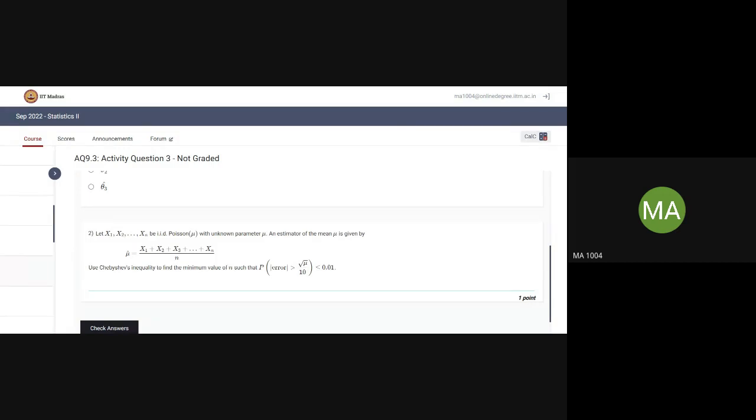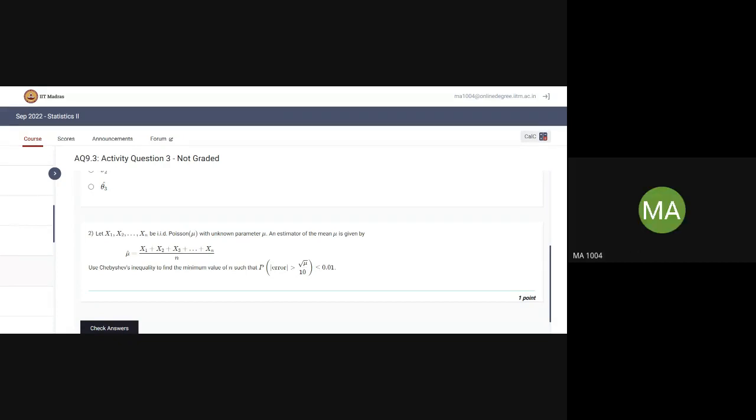And you have to use Chebyshev's inequality to find the minimum value of n such that the probability that mod of error greater than root mu upon 10 is less than or equal to 0.01. So let's see. What is the delta here? Root mu by 10.